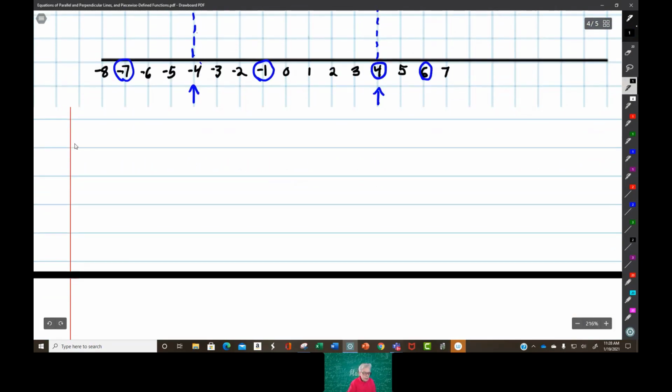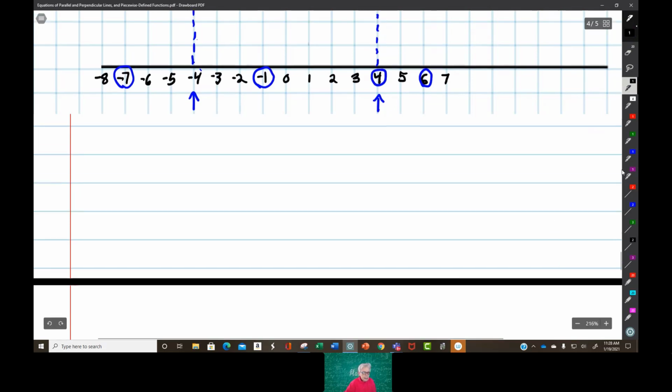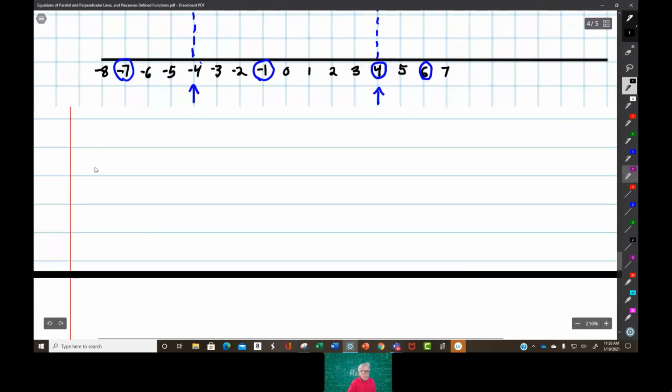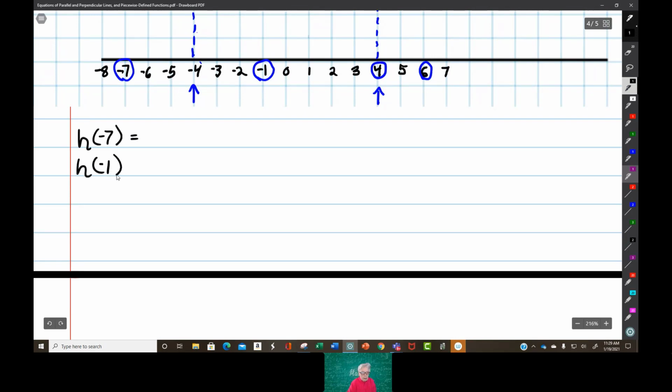We're being asked to find h of negative 7, h of negative 1, h of 4, and h of 6.